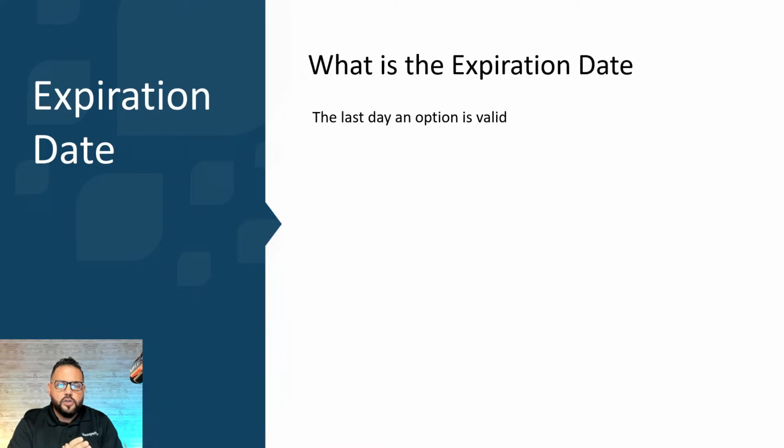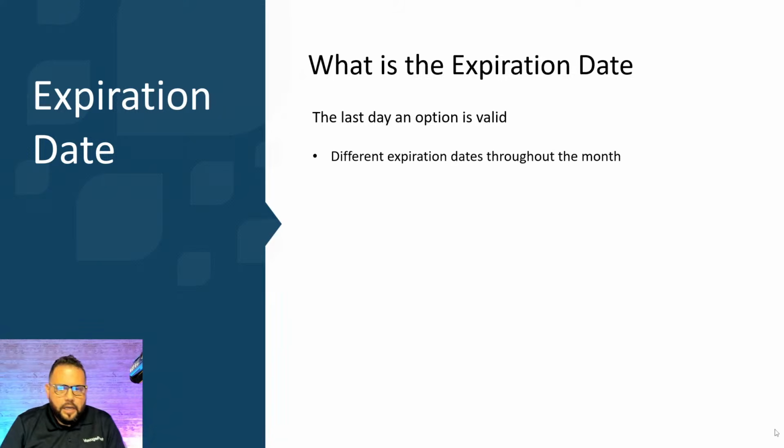You pay for that insurance at the beginning of the month, and it covers you until the last day of the month. The last day of the month is the expiration date. After that, you have to make another payment to have it another month. Some of you may pay for a year, but you get my point, that protection is covering you for a certain number of days. In the options trading world, that is the expiration date, and after that date, that option is no longer valid.